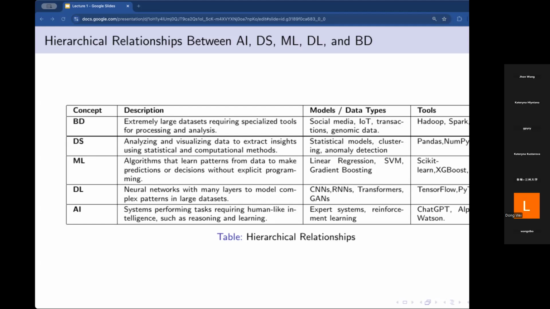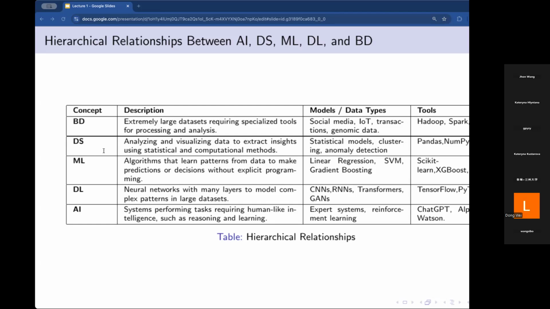Big data forms the foundation. It refers to enormous volumes of data generated from diverse sources, for example, social media, Internet of Things devices, transactions, and more. These data sets are so large that they require specialized tools like Hadoop and Spark for storage and processing. Data science is built upon big data and involves analyzing and visualizing data to extract actionable insights.